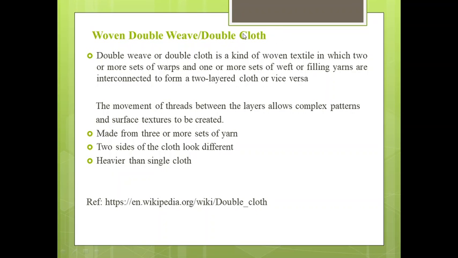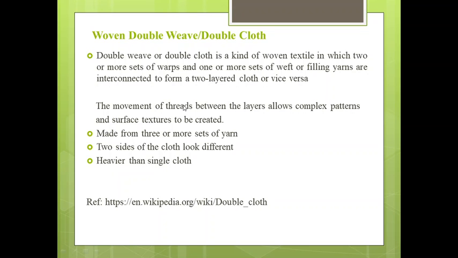Cloth is a product, and double cloth means two sets of cloth. However, weave refers to the process. Weaving is a process while cloth is a product. However, I am taking them as synonymous terms here.